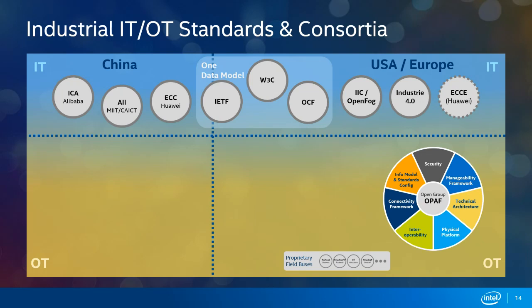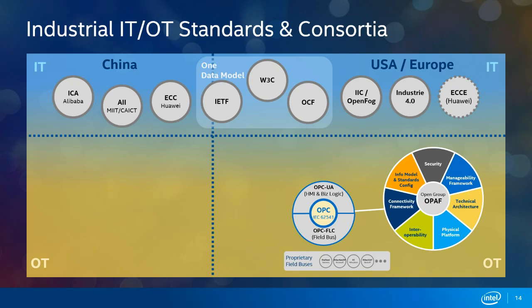What's critical in all this and down below is interoperability. When we have all these devices, all these data models, all these different information models, how do we make it so that these are all interoperable and interchangeable like Lego pieces? And a lot of that effort and the foundation of that has to be in the connectivity framework. And this also addresses, or is attempting to address, the fragmentation that we've seen in the field bus space.